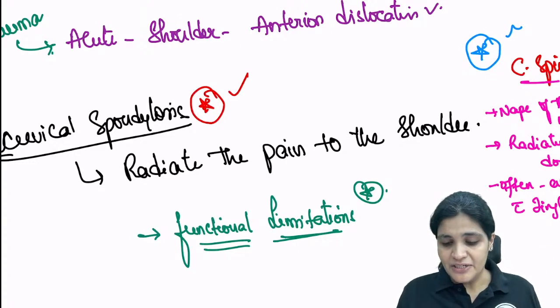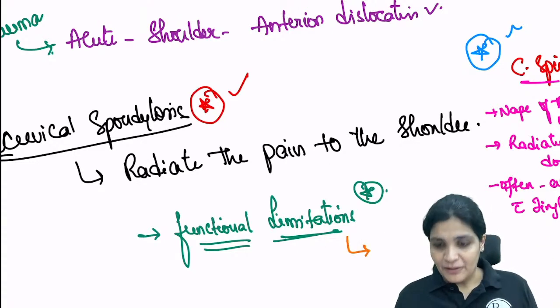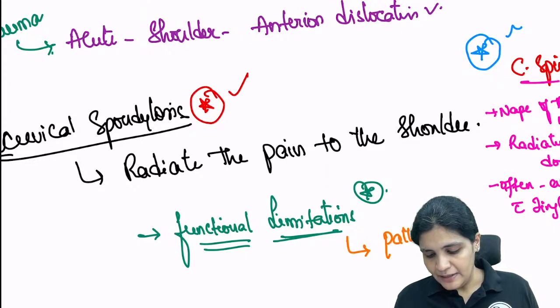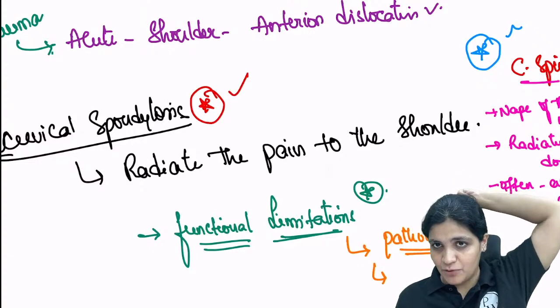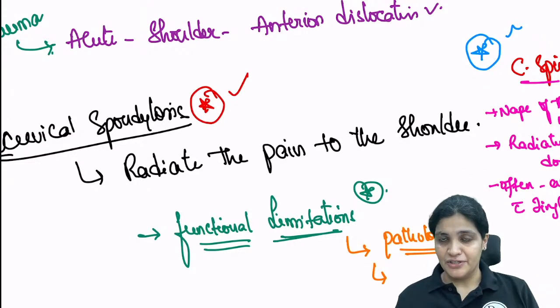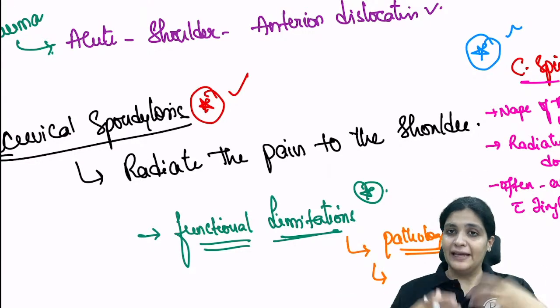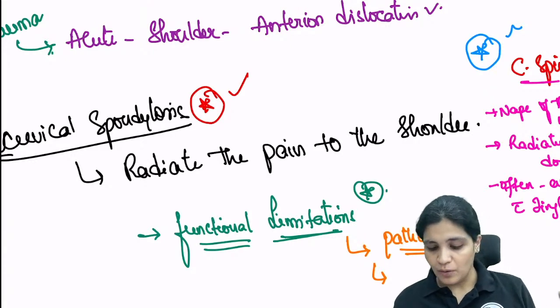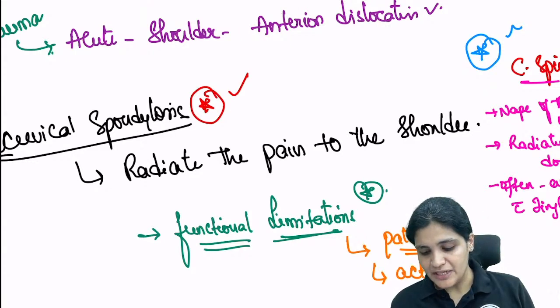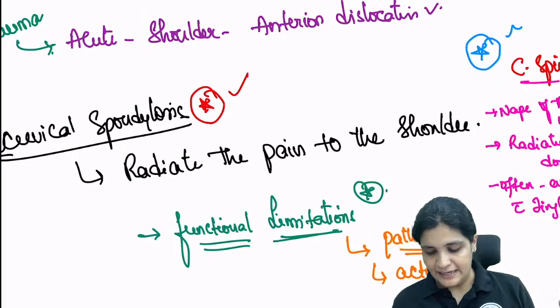These functional limitations are again related to any pathology in the shoulder joint. For example, combing their hair, where they have to rotate like this and comb, buttoning and unbuttoning shirts, and doing their daily household chores, especially the females. So you have to always take note of which activities they are facing difficulties with.